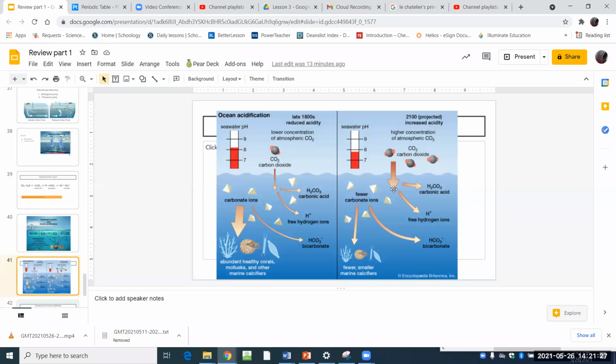So we'll push the equilibrium this way, which means that more carbonic acid is being generated, more hydronium ions are being generated. This now takes a huge role, right? This carbonate with hydrogen ions to form bicarbonate is taking a much bigger role. That means there's less carbonate available for the calcifiers, and that is one of the big issues.